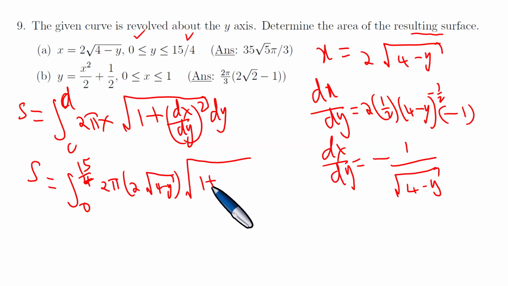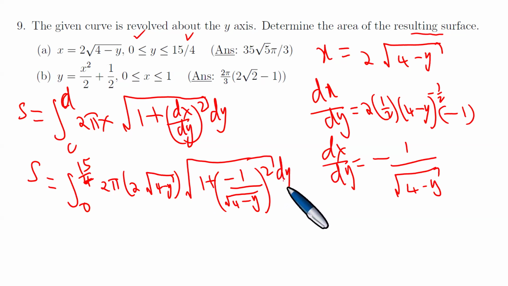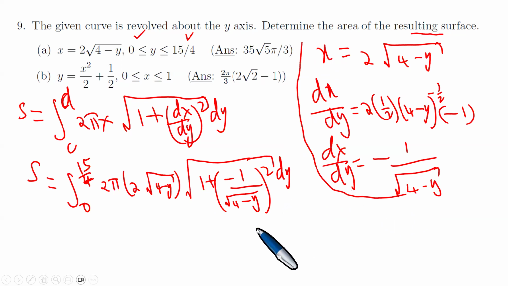Then 1 plus dx/dy, which is -1 divided by the square root of 4 minus y, squared, dy. Okay, we continue.